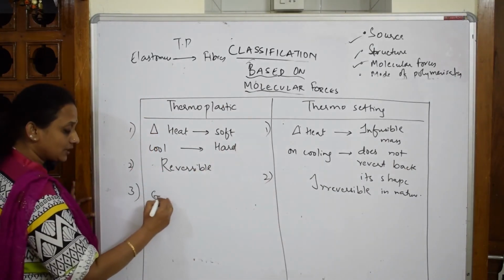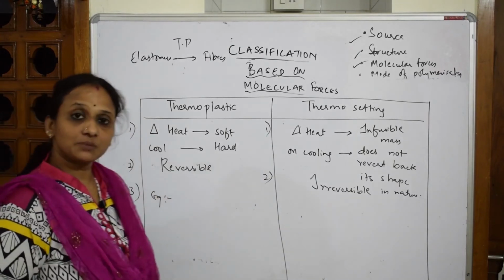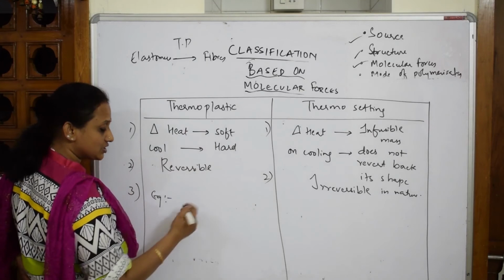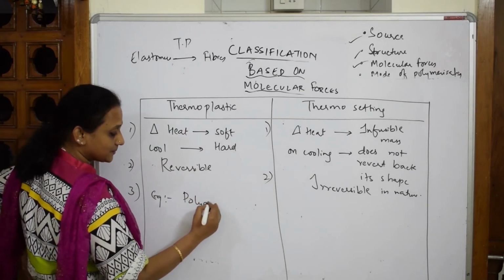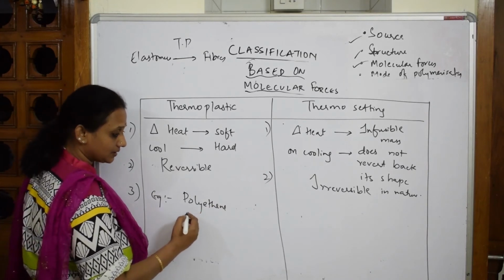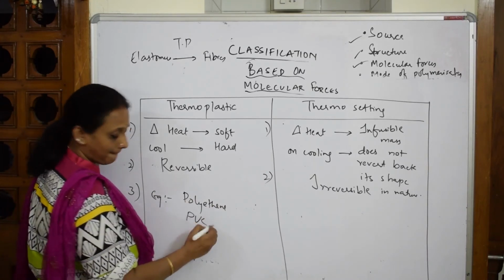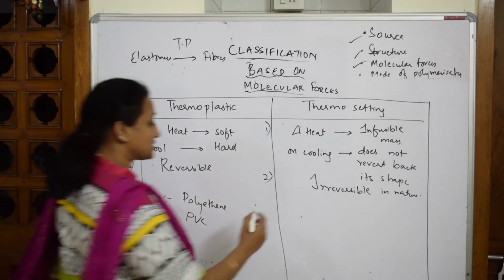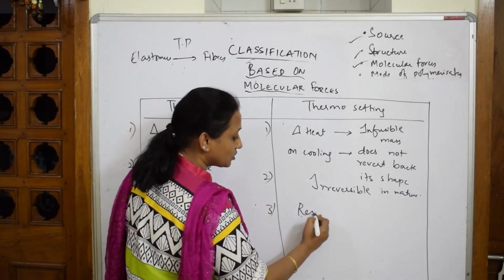Now in the third point, I have to write an example. For thermoplastic polymers, as I said, it can regain its shape, so polythene, and PVC I can write. For thermosetting resins, what did we learn?